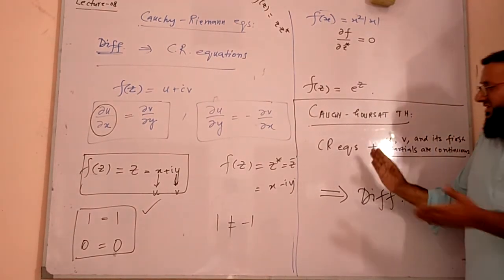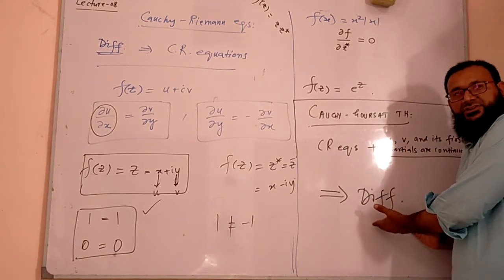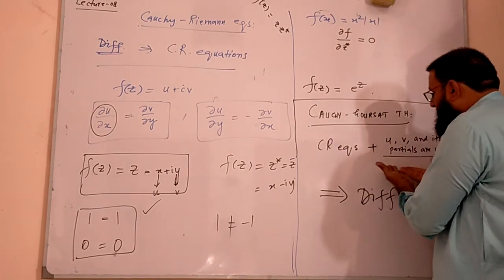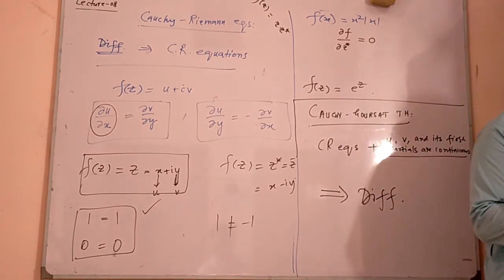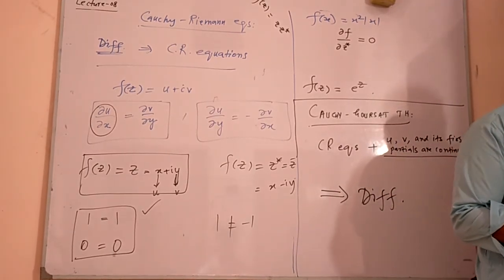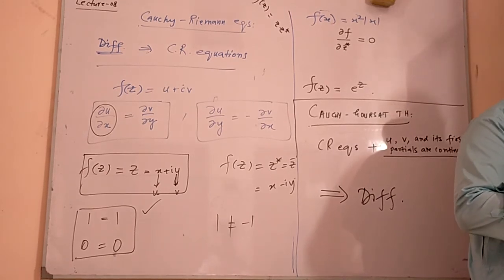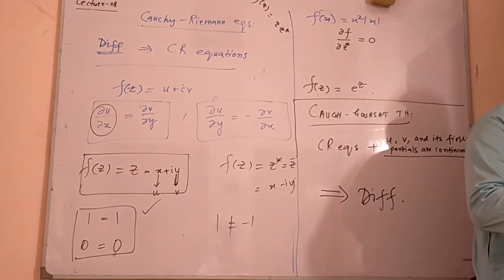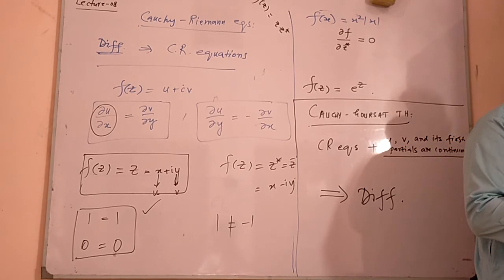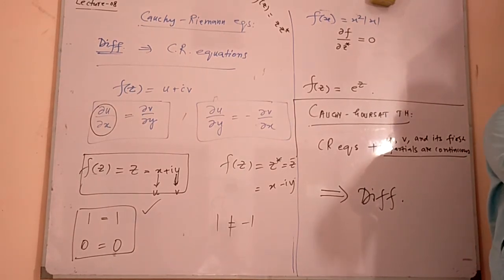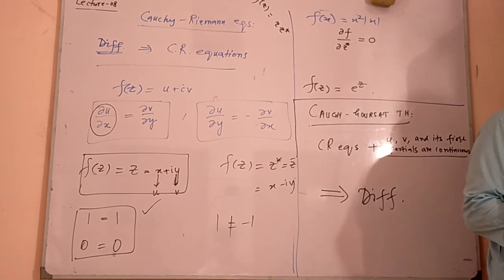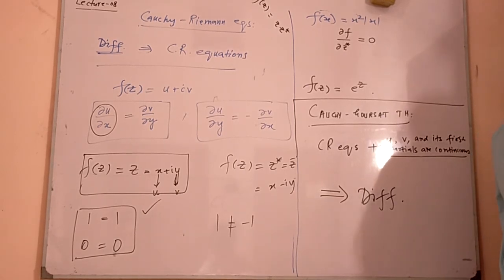So only CR equations do not imply differentiability, but CR equations plus this implies differentiability. So this is a very strong condition, I think. Okay, so the next thing that we want to do is analytic functions and then complex integration. Okay, any question?